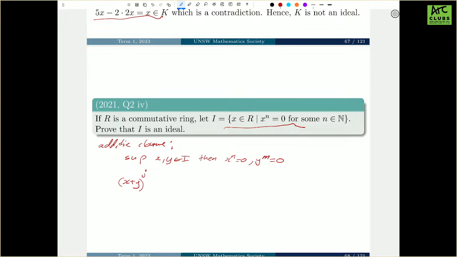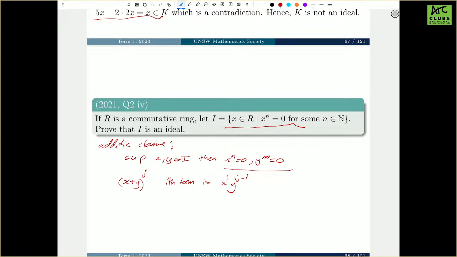Well, if I expand all the terms in (x plus y) to the J, I would really like to get 0. I would like them all to cancel out. So let's consider the terms. They're in the form of, I'll just say the ith term. I can start from 0 though. The ith term is x to the i, y to the j minus i. And we'd like to use this property, right?